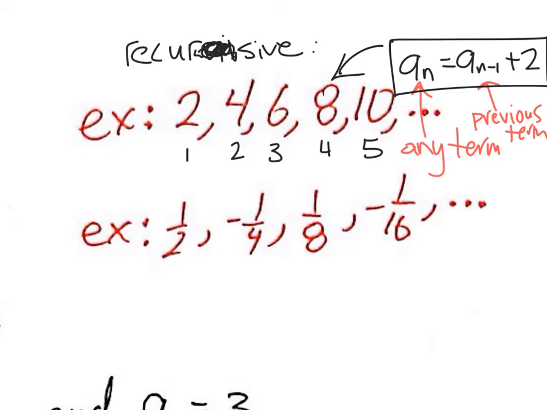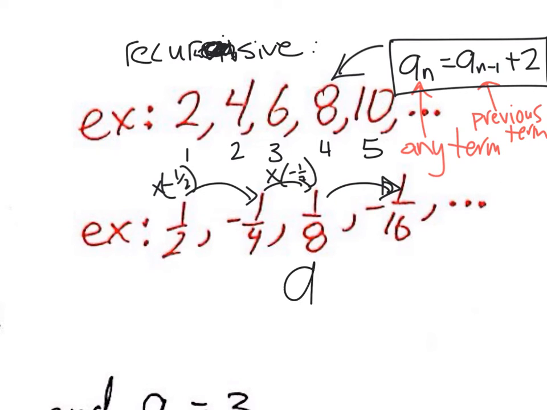Here we have a different sequence of numbers, and it looks like something is happening each time. So in order to get from here to here, we could multiply by -1/2. And in order to get here, we could multiply by -1/2, and multiply by -1/2, and so on. So if you take any term, in order to get this, it was this one times -1/2.